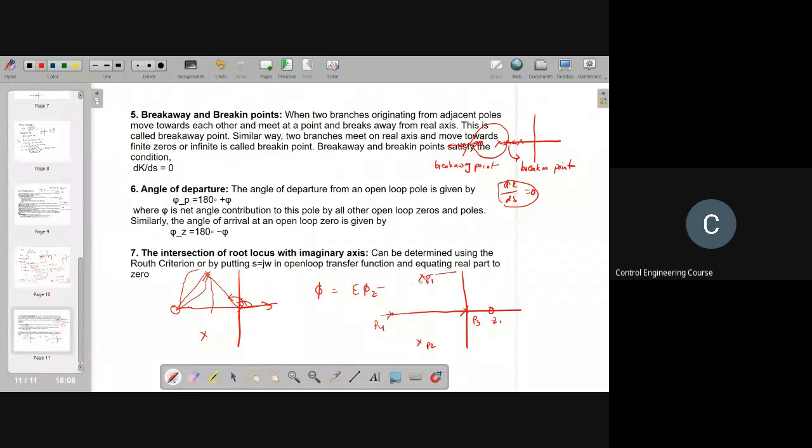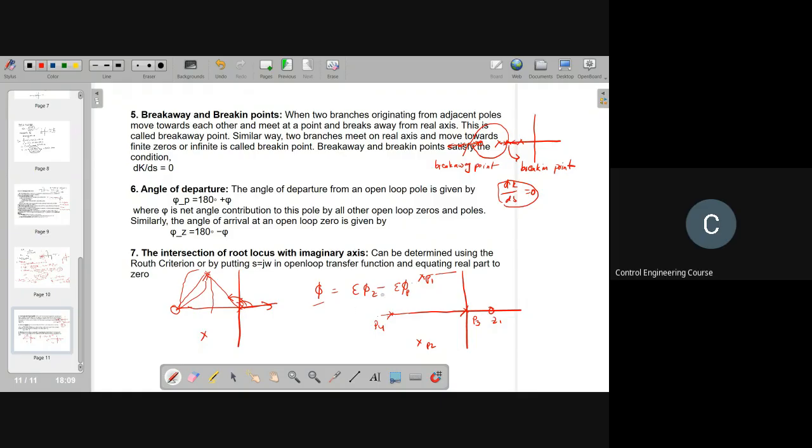So the net angle phi is equal to the difference between the sum of the angles contributed by each zero to the pole P1, and the sum of the angles contributed by each pole other than P1 to this P1.